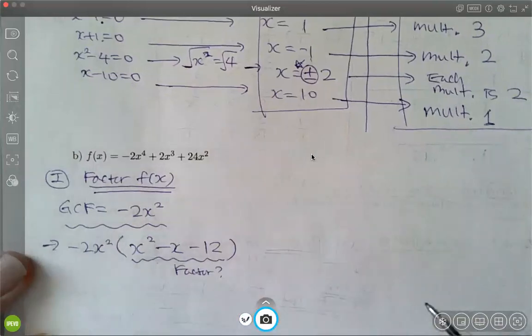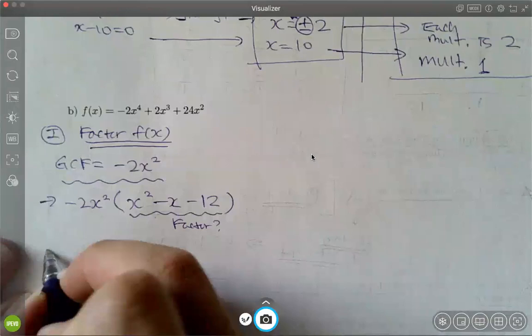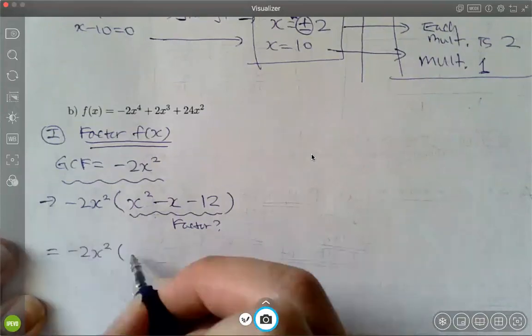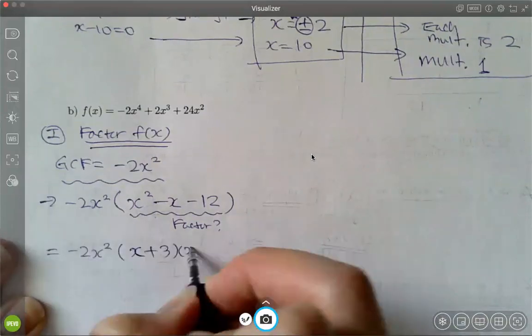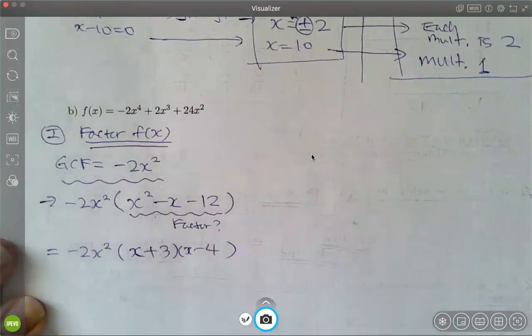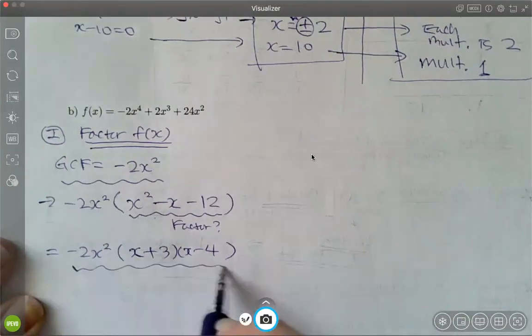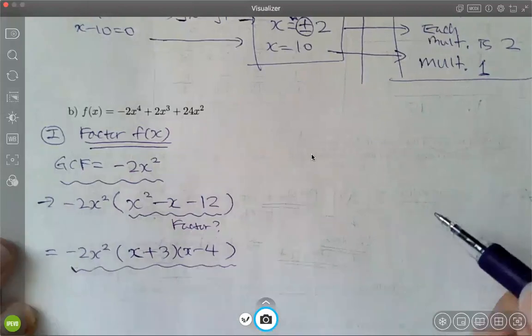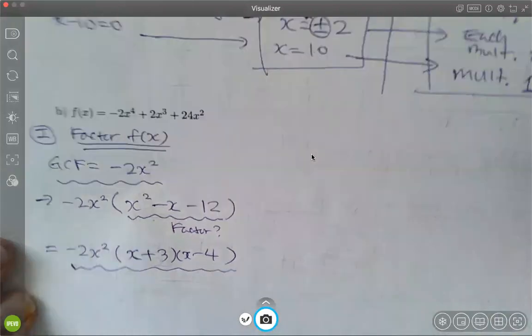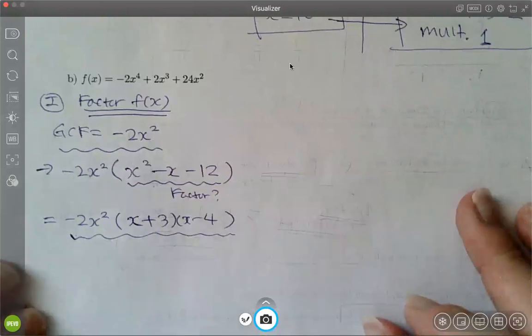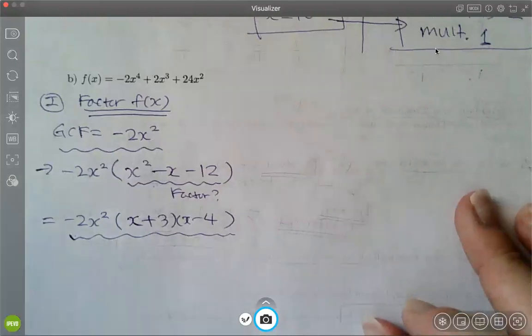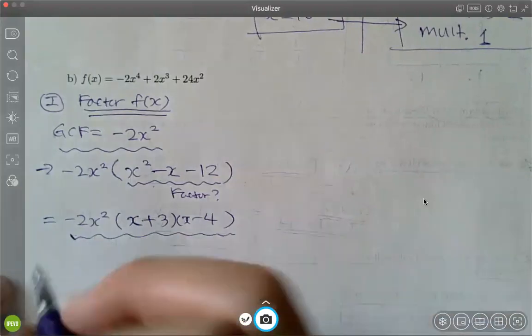Negative 2x squared times x plus 3 times x minus 4. So that is equal to f of x, right?